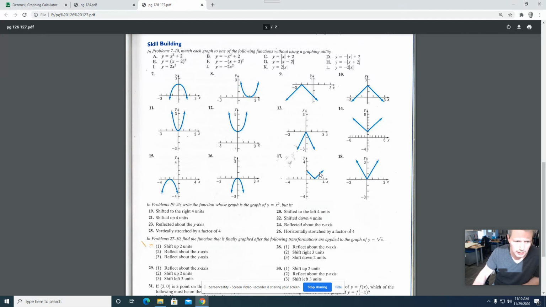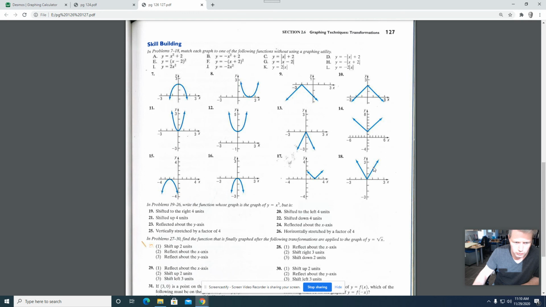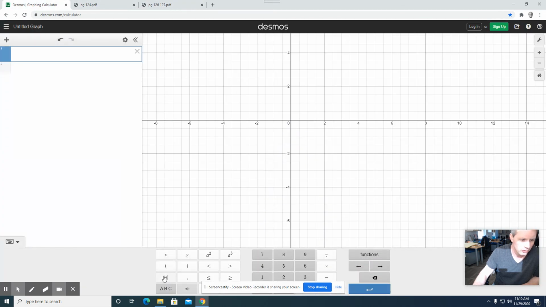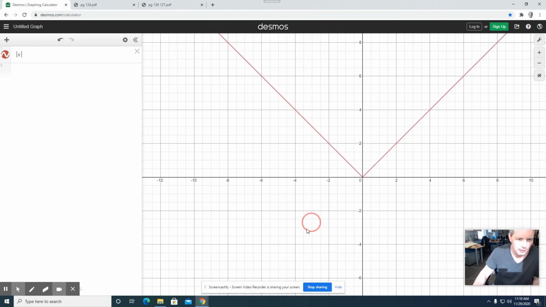All right, and then finally number 18, similar. We can see that our function, the absolute value of x, has been stretched vertically again. The distance between here and here is narrowed. So to go back to my function, there's the absolute value of x.